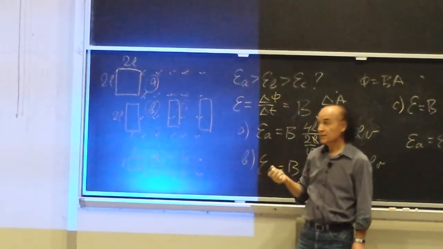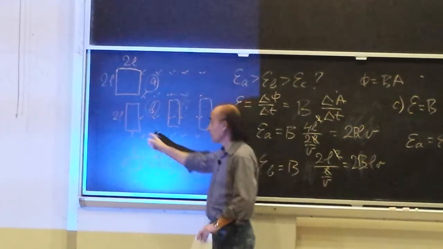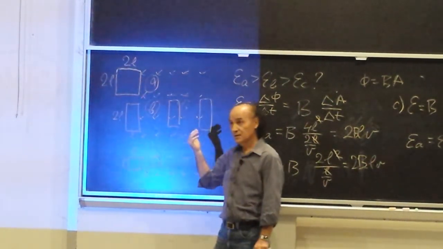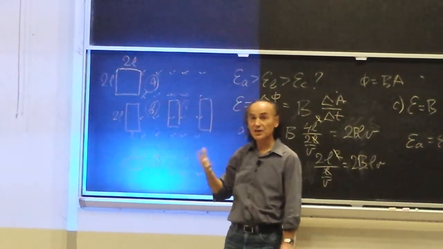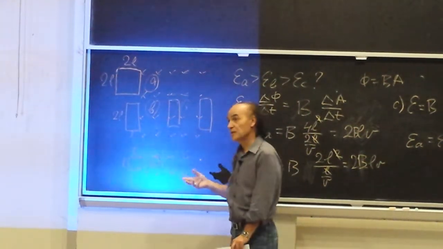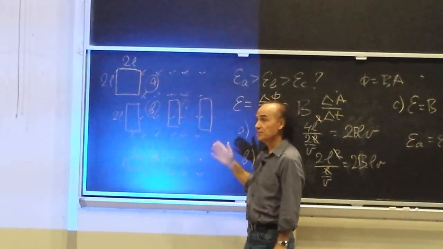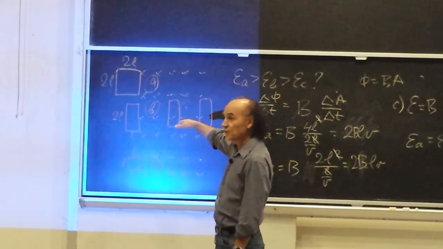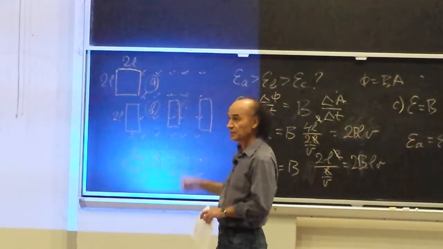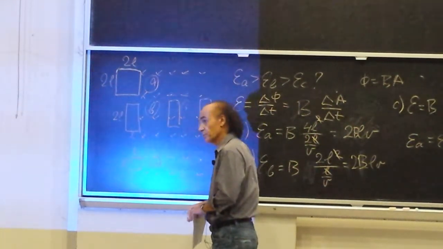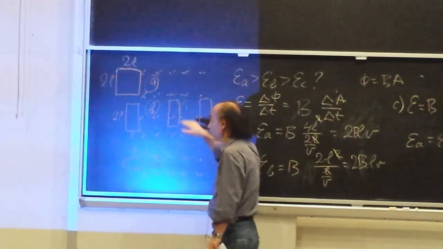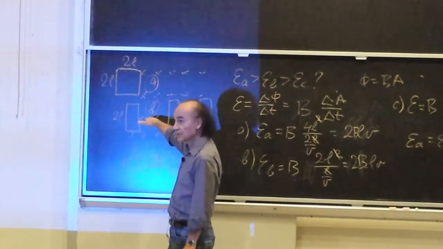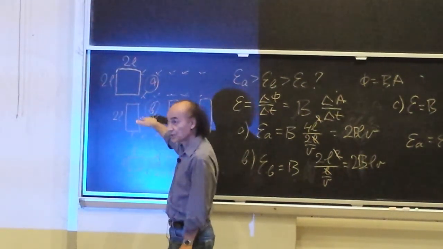Here we are using Lenz's law. When any of these circuits enter the field, they are experiencing increasing magnetic flux. The magnetic field is increasing, and it is away from you. What would be the magnetic field created by this loop because of induced current? Would you create the same direction, away?